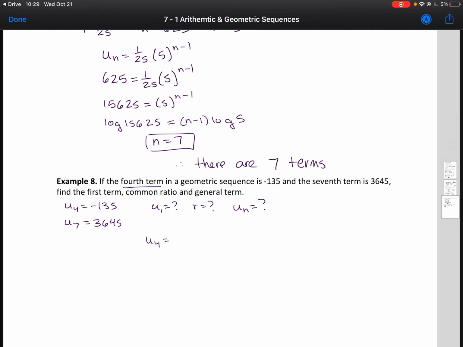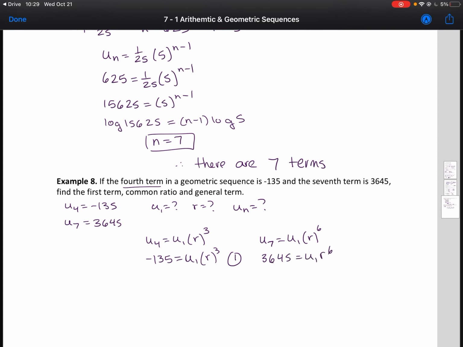So I know that u4 is going to be u1 times r to the 3, that n minus 1. And I can also write in what that value is equal to. So u1 r cubed. Okay, this is going to be my first equation. Now my second equation here is going to be u7 equals u1 times r to the 6, n minus 1, and I could put in my value here.